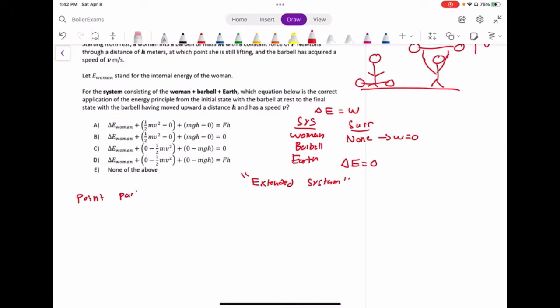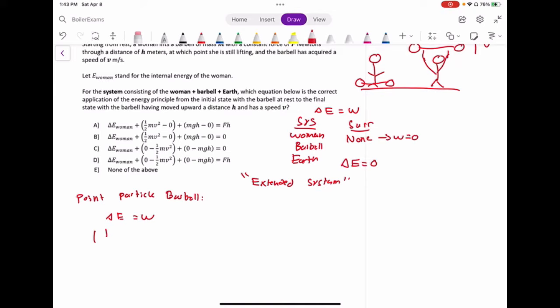Point particle on the barbell and how this would be different. We would have delta E equals work, and we would say that delta K tran equals, and gravity, plus, let me just write out what this would be actually.